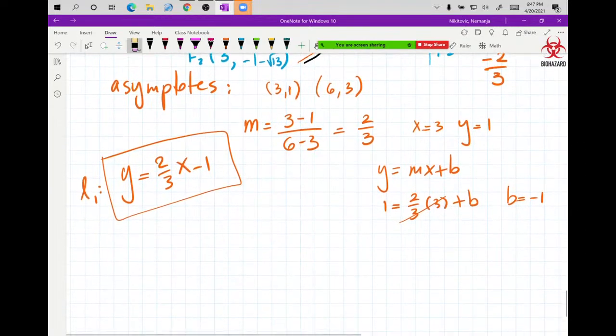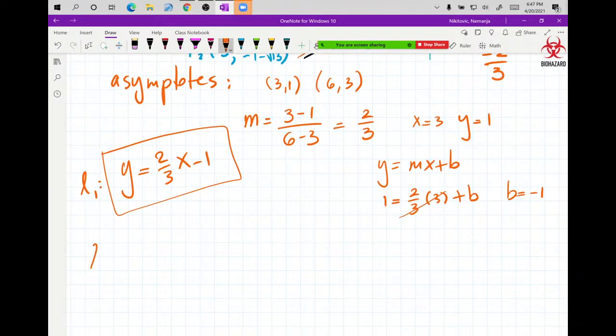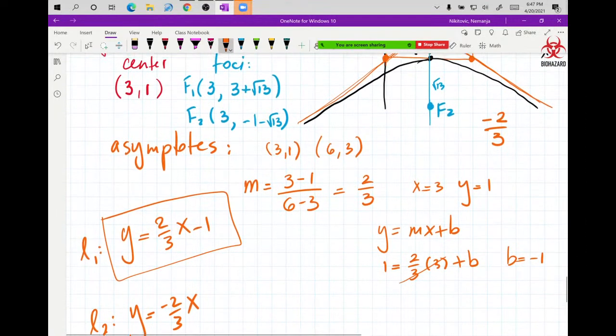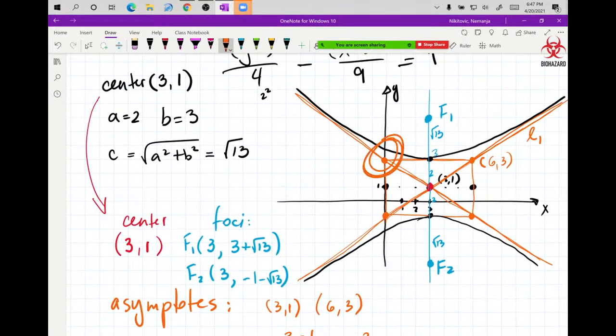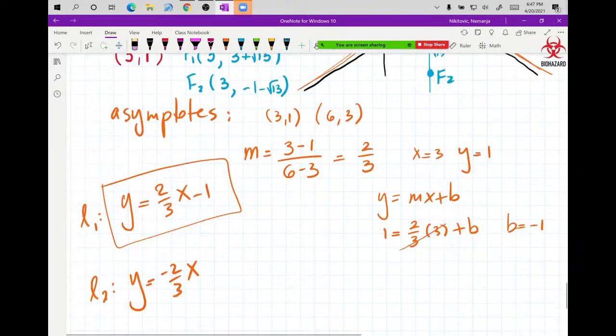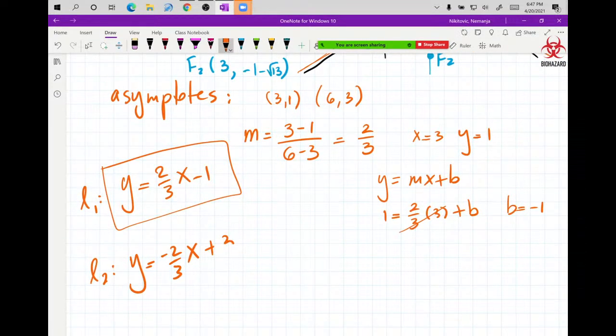So for the asymptote 2, we already have -2/3 x because the slope is negative, right? It's dropping, and it's 2 over 3 to get anywhere on that line. Now your y-intercept b is available, it's a 3. So if you actually do the slope and everything, you will find that that's a 3.